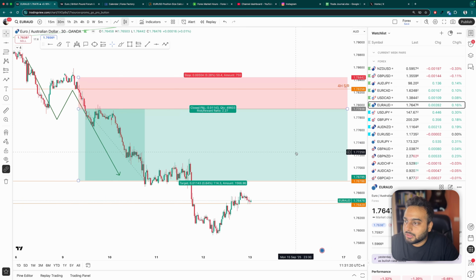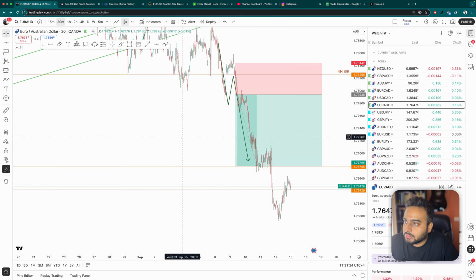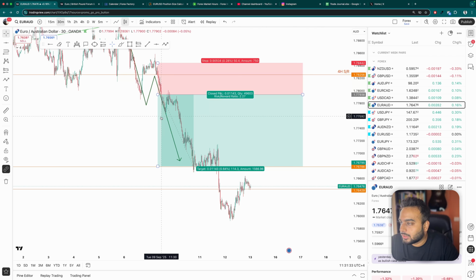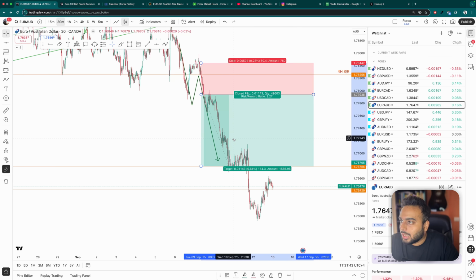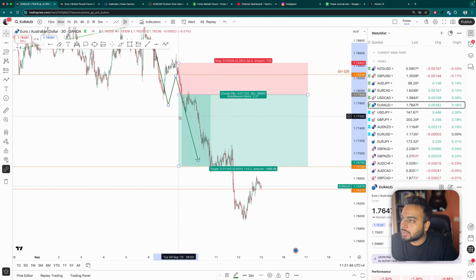USD CAD happening soon, so green. Euro AUD, was it last week? Yeah, this was last week. I was thinking whether I entered this week. I had entered this trade last week, and again I had entered based on a retest.